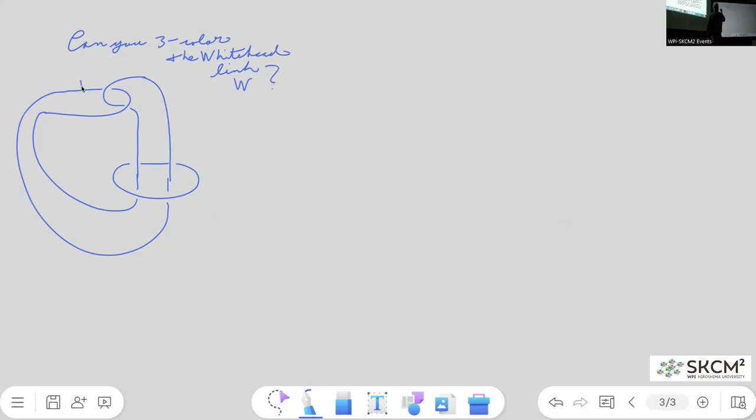Of course, you might want to consider other cases, but I'm going to assume that right here, there are three colors. So I have red, blue, green. And now let's see if this can be extended to a three coloring of the whole link. So green propagates all the way over here, and red propagates all the way over here. And this blue comes down here, and red and blue, let's see, blue here, green here, that makes red here.